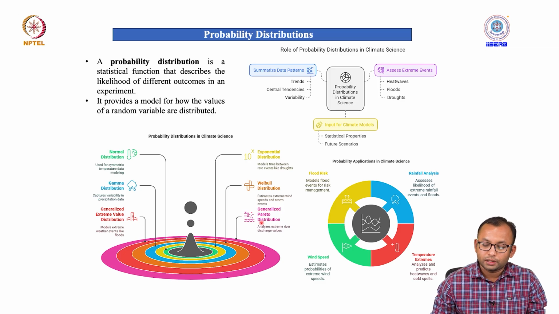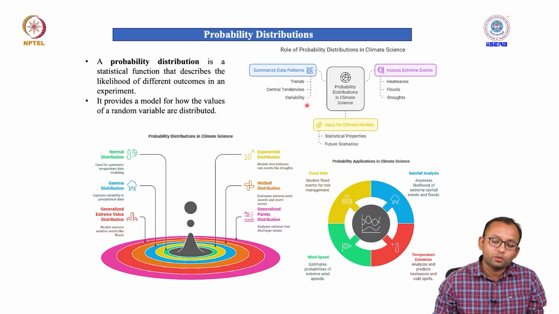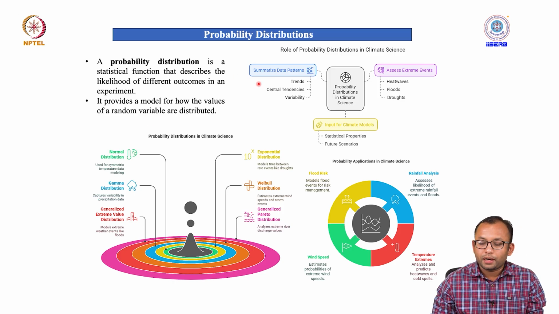So, these are some of the probability distribution functions generally used in climate science or allied sciences, where we use these distributions to look at the probability of occurrence with respect to multiple different values.